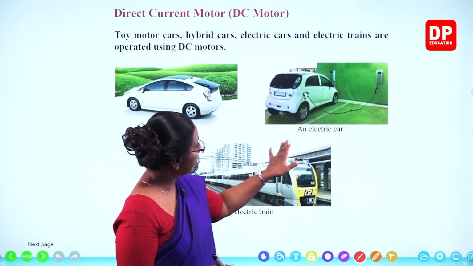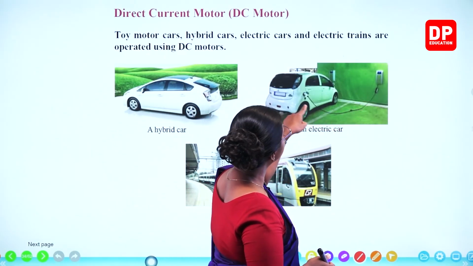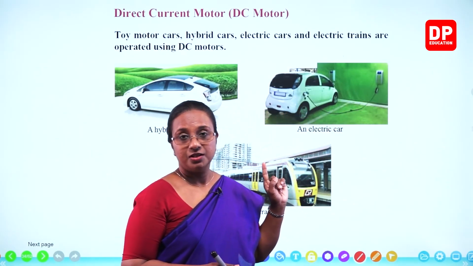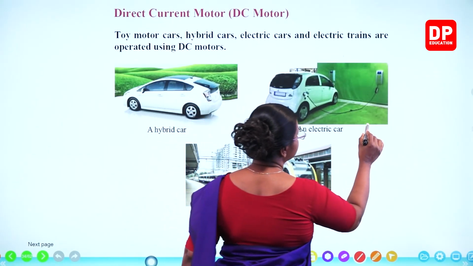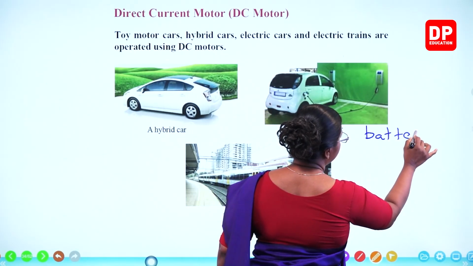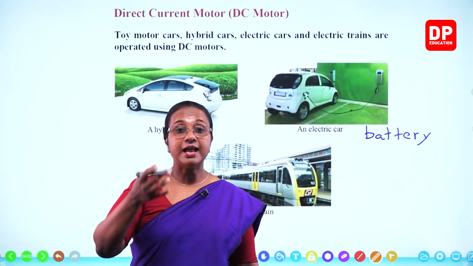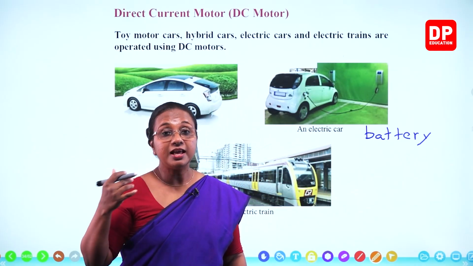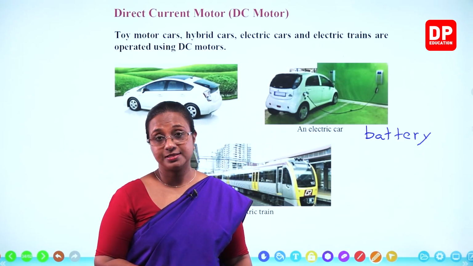Then we have an electric car. Here you can see the electric car is charged with electricity. So it does have a battery inside it. Electric car has a battery, a battery that needs to be charged. And here what happens is that particular charge directly acts as the power that is supplied to the wheels.